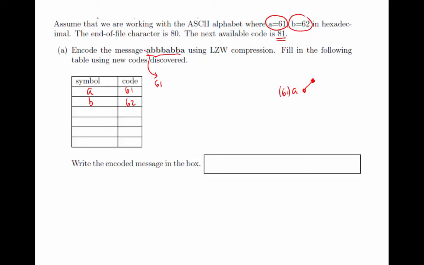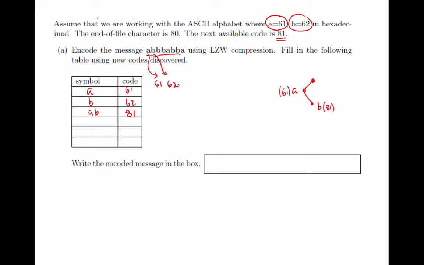And then if you look up, you're going to see the symbol AB can be added to the table where the next available code is 81. So I'm going to have AB, which gives you 81. So I'm building essentially a two-way trie in this case to demonstrate how I can maintain the symbol table. So the next character is 62.